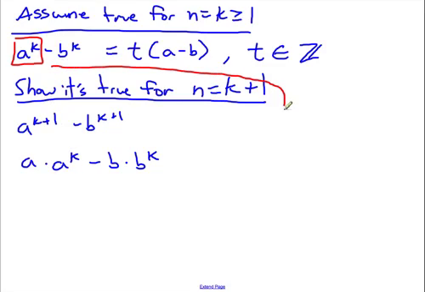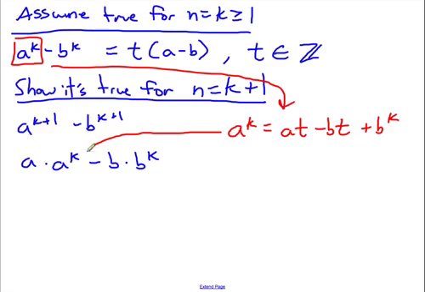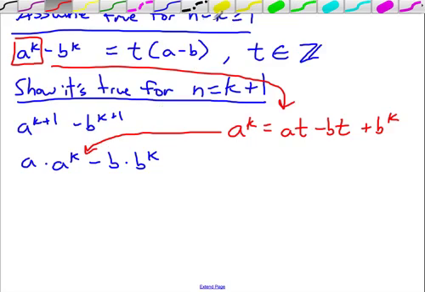So let me do that right here. So we're going to have a to the power of k equals, now on this side of the equation we have t times a minus b, so that's at minus bt, and add the b to the power of k, and that's what we have here. And we're going to substitute that in for a to the power of k.